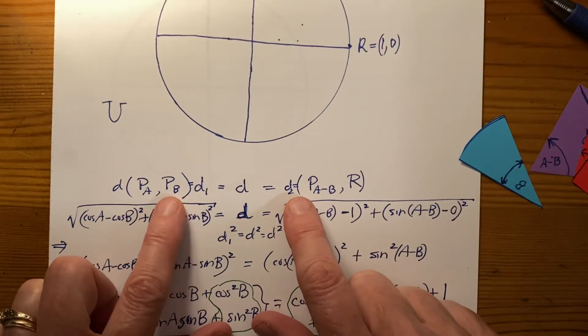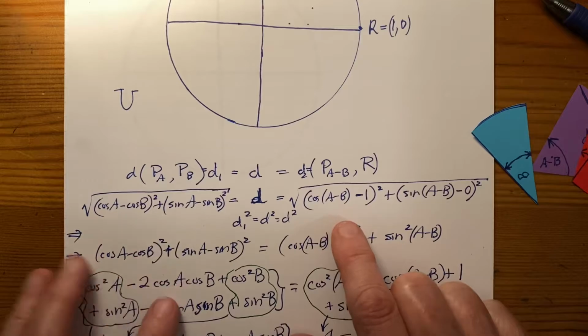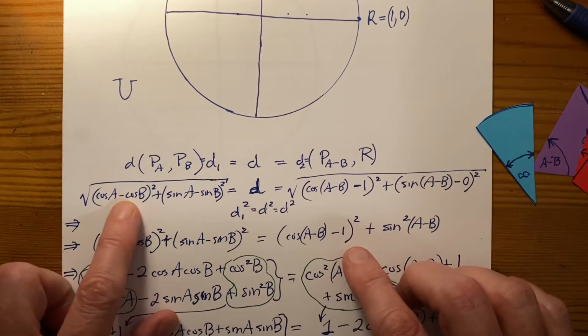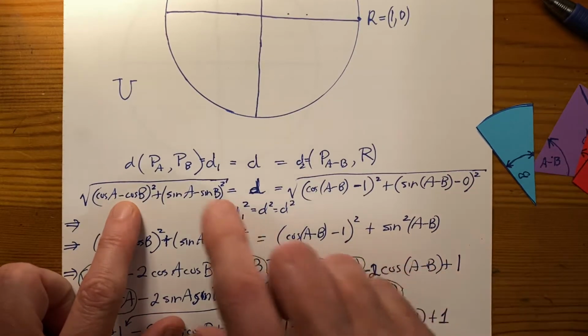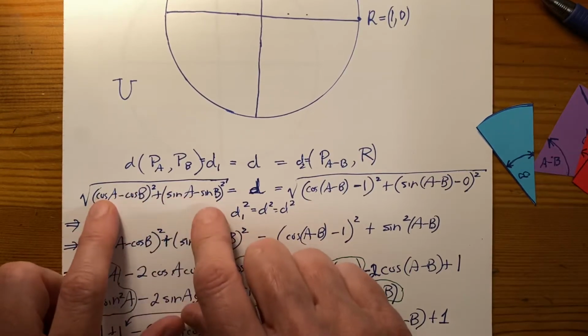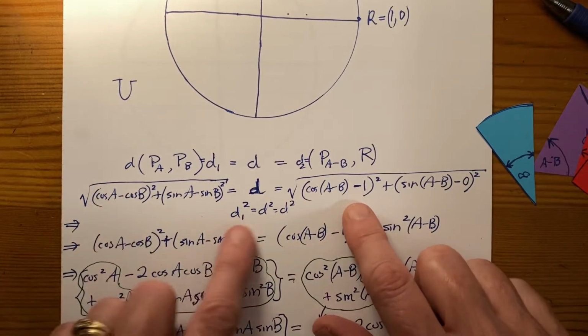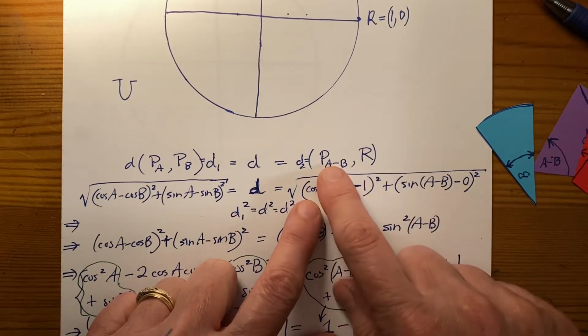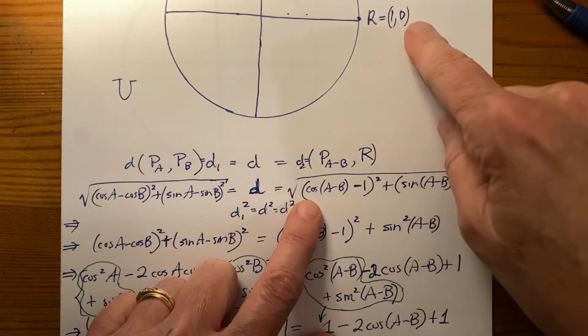To find the distance between two points, you subtract their x-coordinates and square those, subtract their y-coordinates and square those, and then add that together and take a square root. Same thing over here when you're finding the distance between this point and this point.